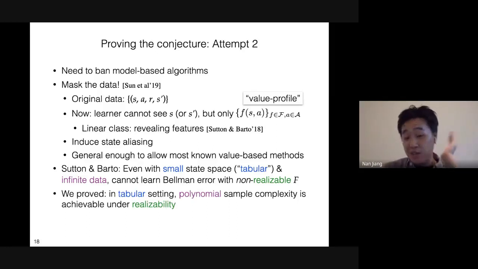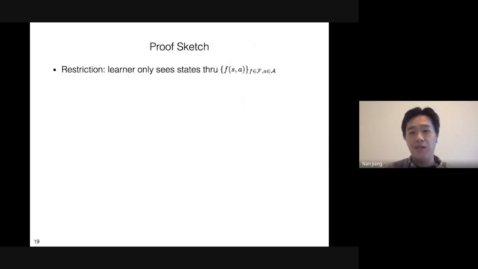But the sad news is that as I tried that a little bit, I realized that if you take their construction and you add realizability to it, then everything is good. All the hardness is gone. In the tabular setting, if you give me a realizable function class and you mask the data with value profiles, I can still achieve polynomial sample complexity.